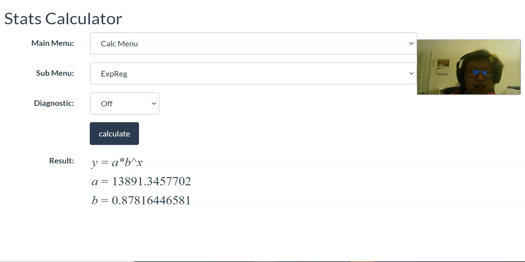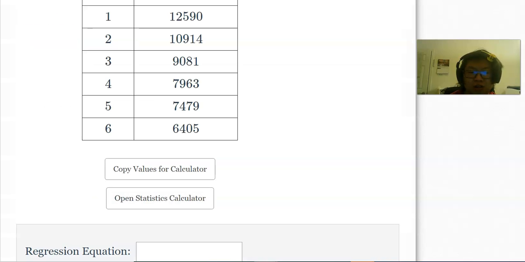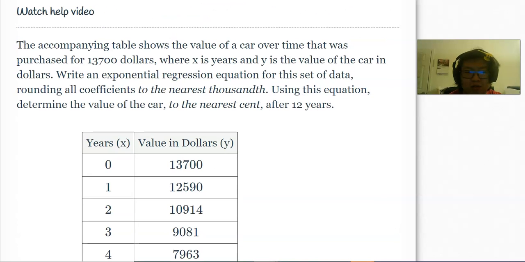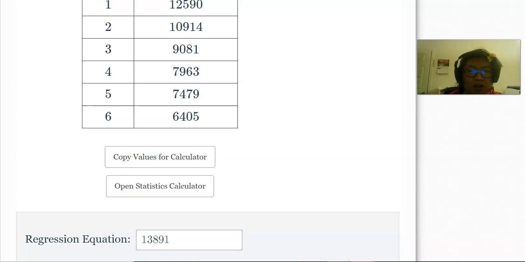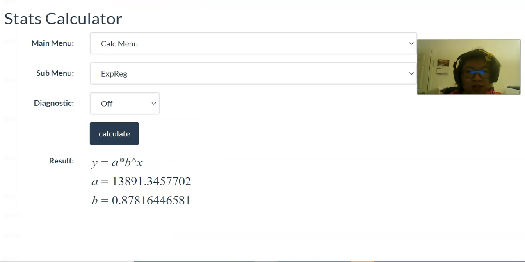So going back to the problem, I need 13,891 as my a. Does it want it to be rounded? All coefficients to the nearest thousandth. Okay, I guess I should go back and look. Go to the thousandths here: 0.346.